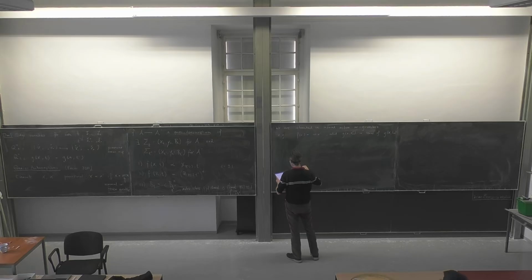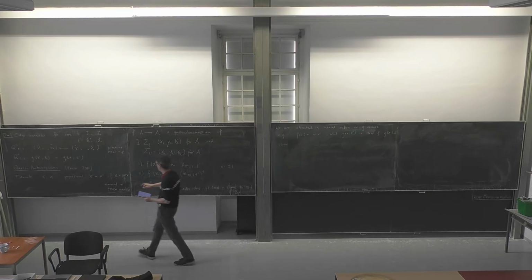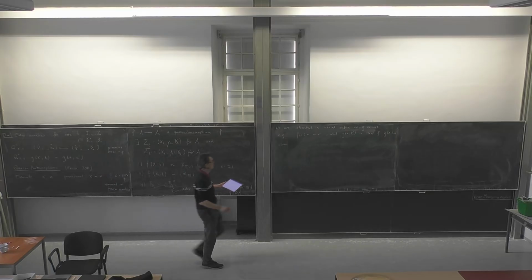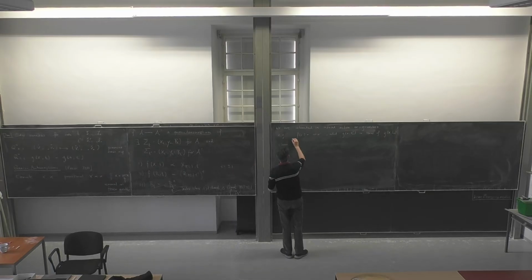Okay, so here's the claim. So the claim is that okay, so there's one more small piece of notation. So if f of x is m x prime, I'm going to define h sub f of x is just x prime.